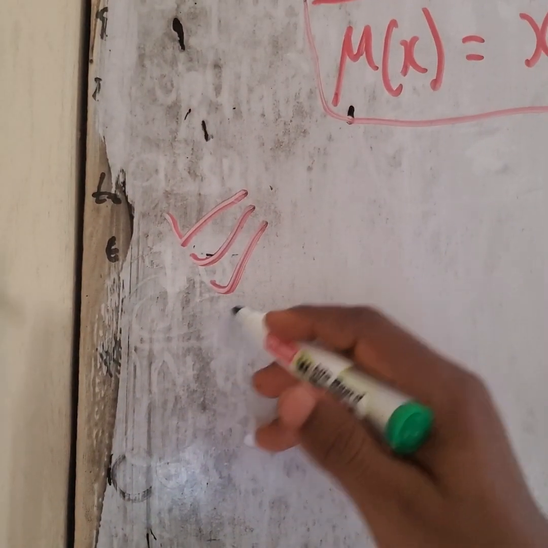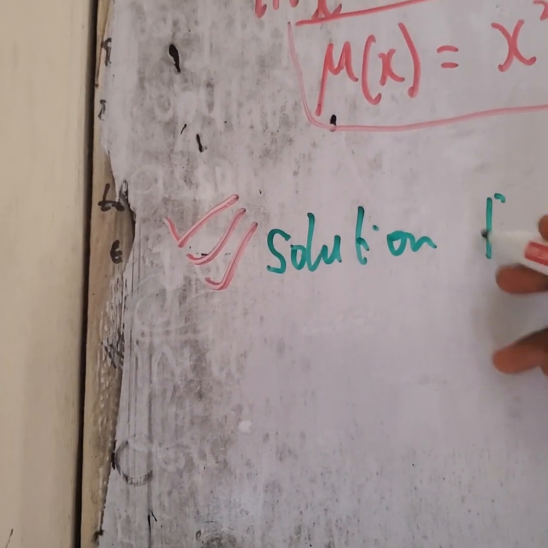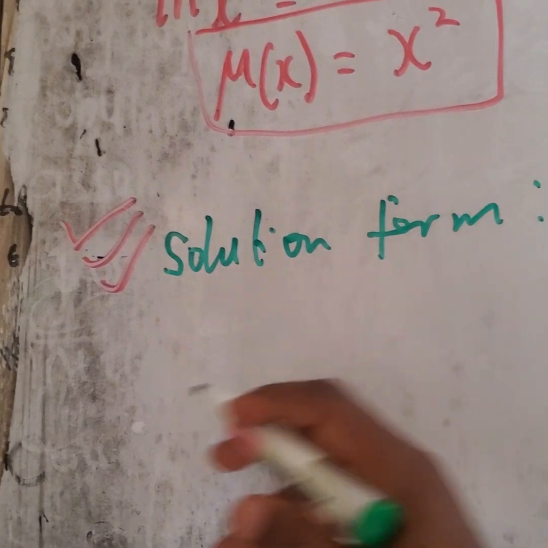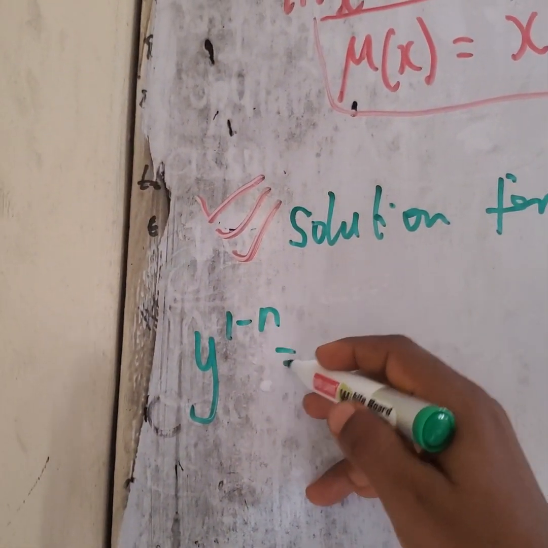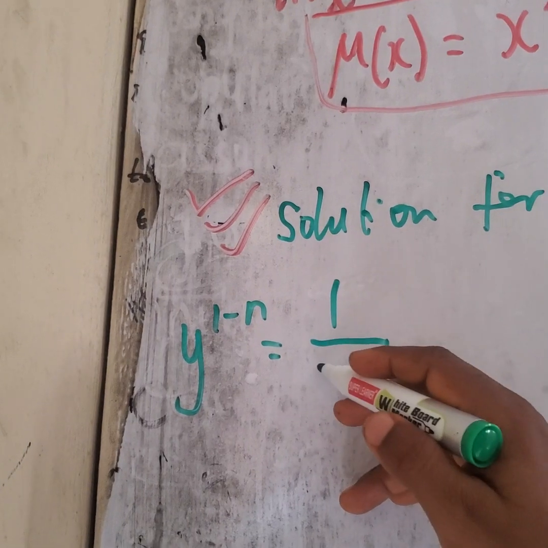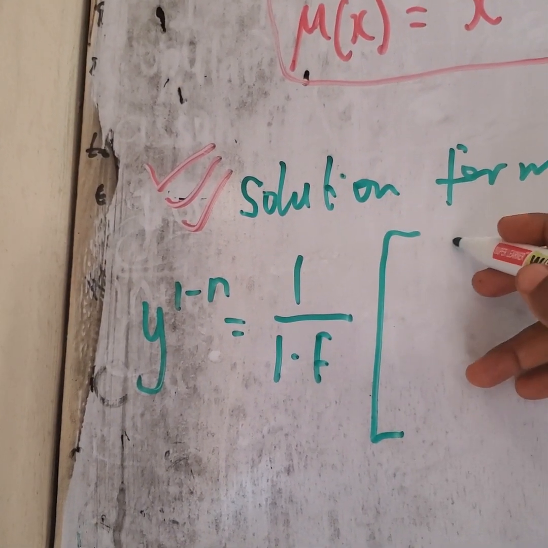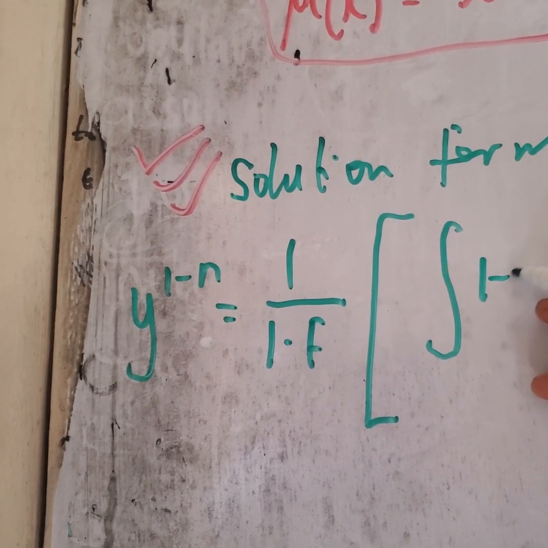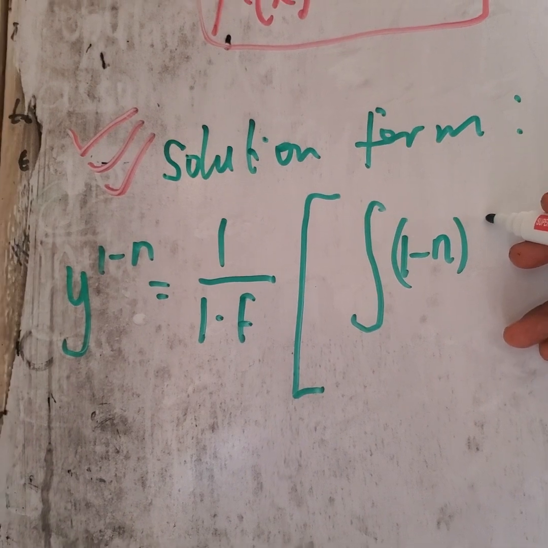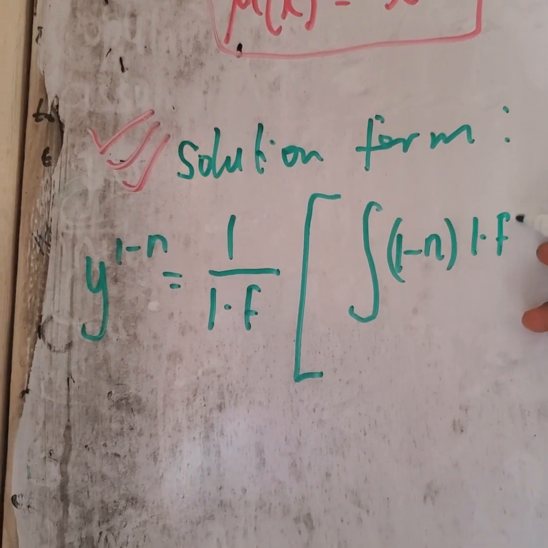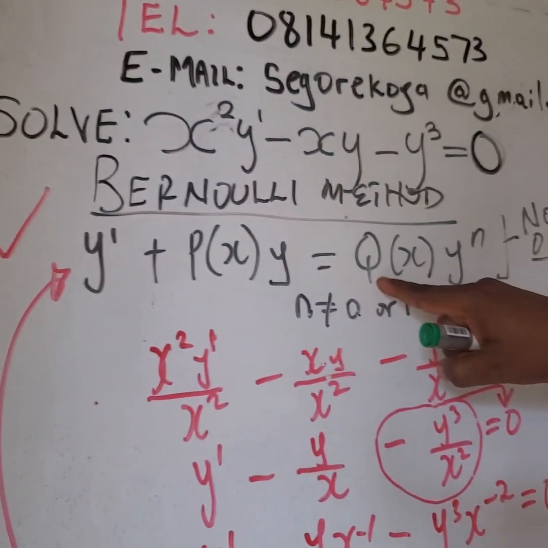According to Bernoulli, the standardized solution form is y raised to power 1 minus n is equal to 1 all over the integrating factor times integral of (1 minus n) times the integrating factor, times q of x dx.